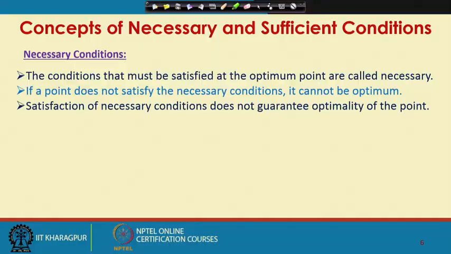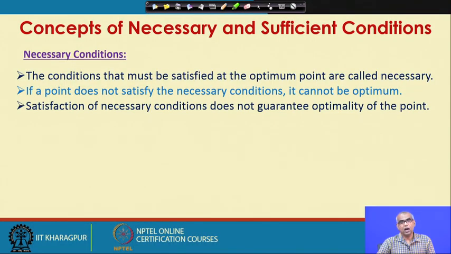So, what do you mean by necessary conditions? The conditions that must be satisfied at the optimum point are called necessary.